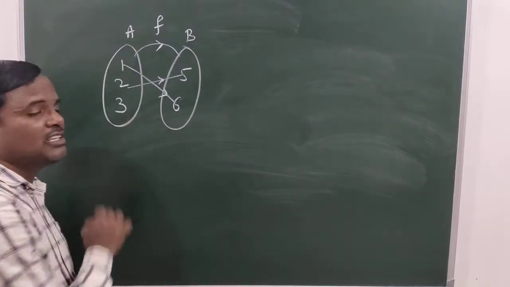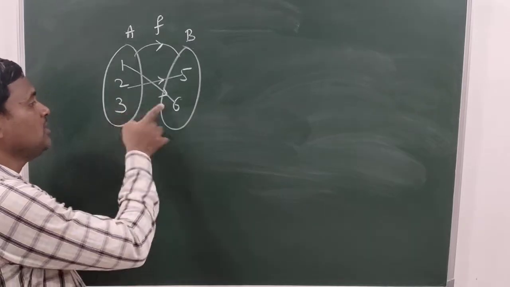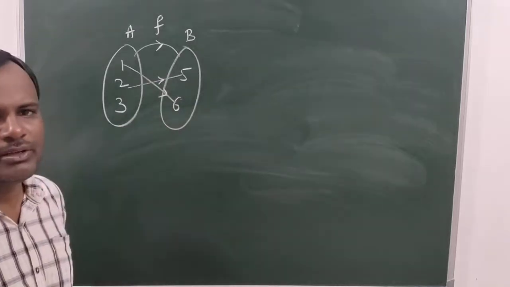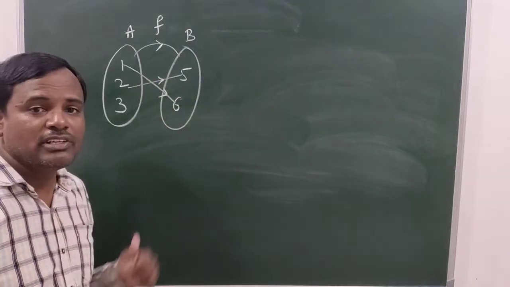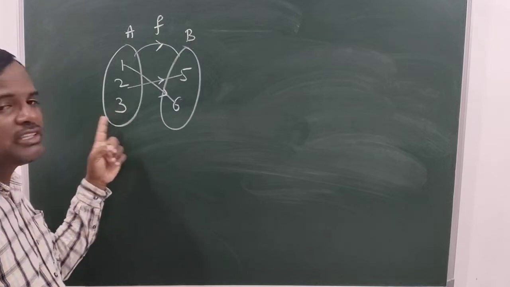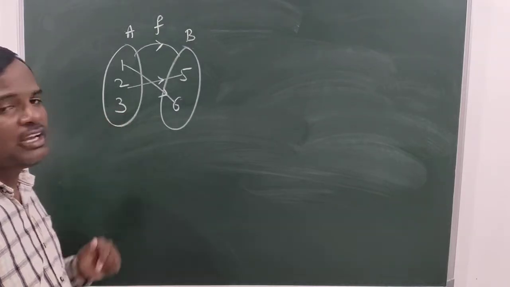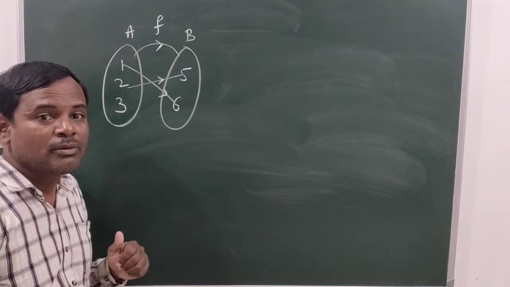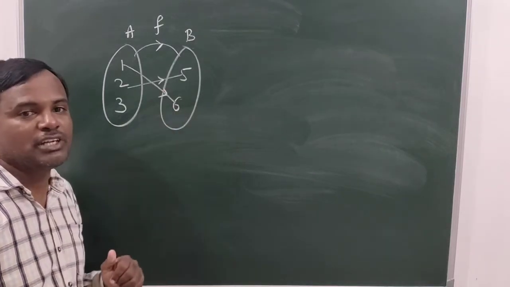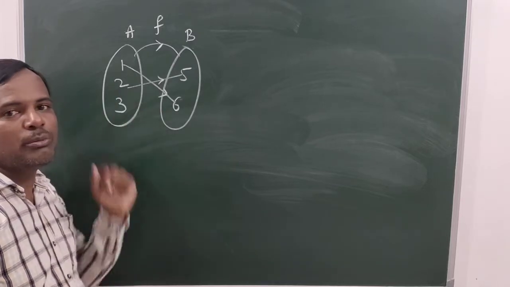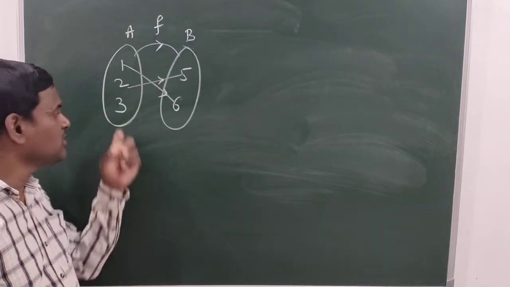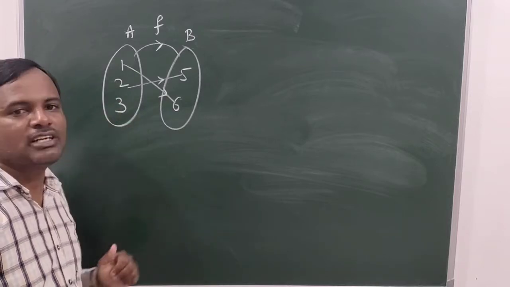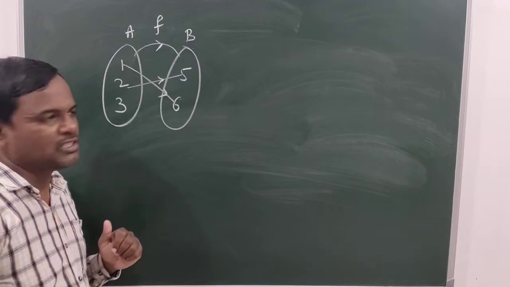According to the definition of a function, whichever elements are there in the set A must be mapped by an element from the set B. It should get a unique image from the set B. This 3 does not have any image from the set B, hence it doesn't represent a function.